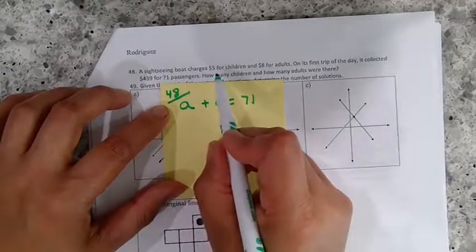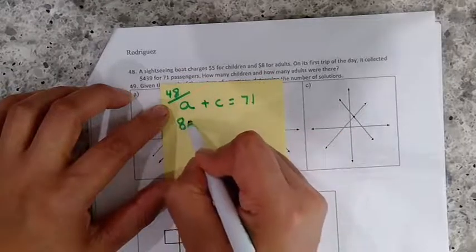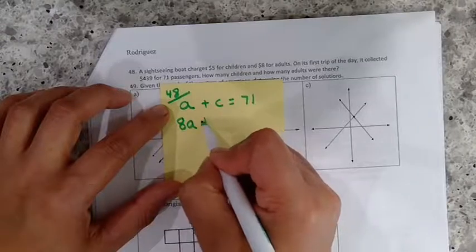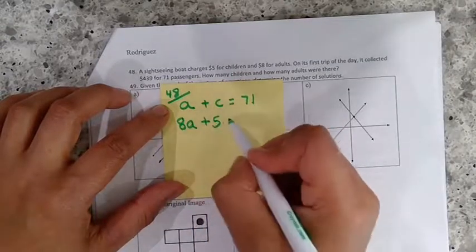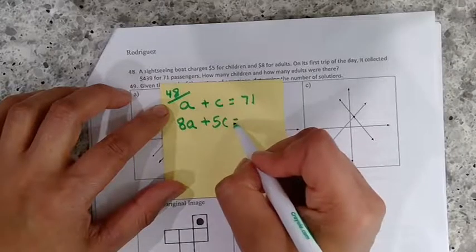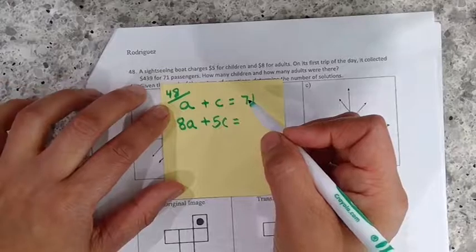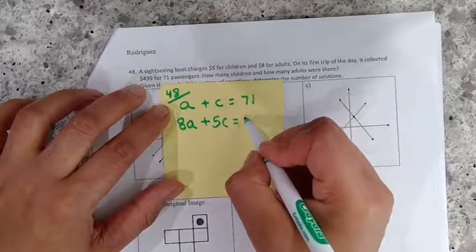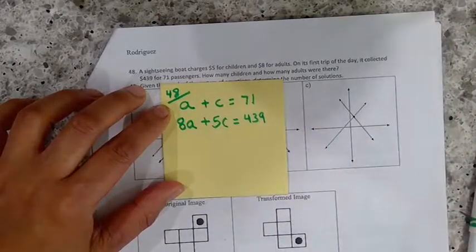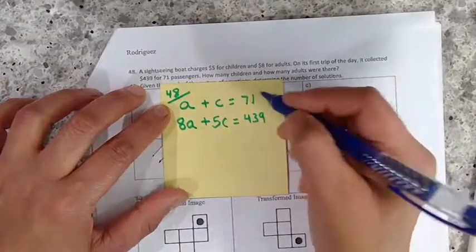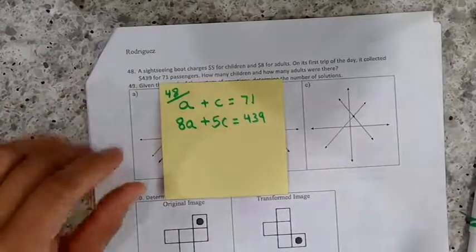Of the adults, they charge $8, so $8 times however many adults there are. And for the children, they charge $5 times however many children there are. And that's going to give them a total of however much money. So this one you have people and money. Those are your two equations, and then you have to solve this.